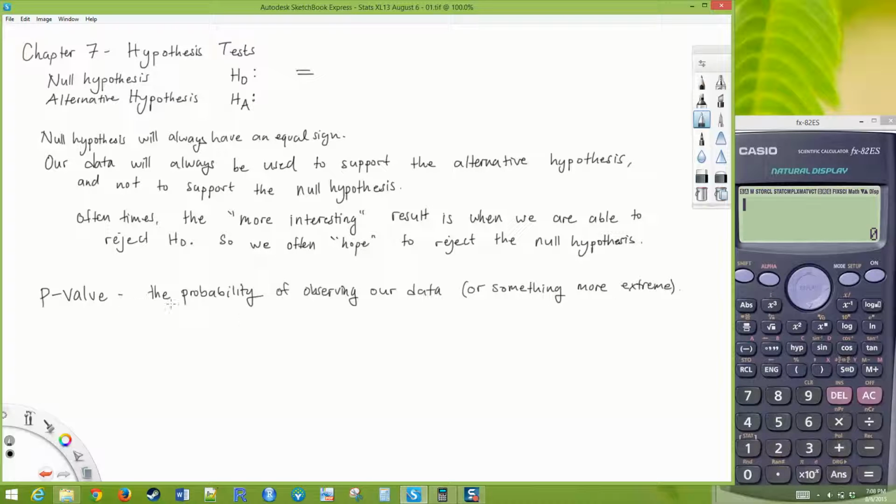So the p-value is the probability of observing our data, but it's when we make the assumption that the null hypothesis H0 is true.